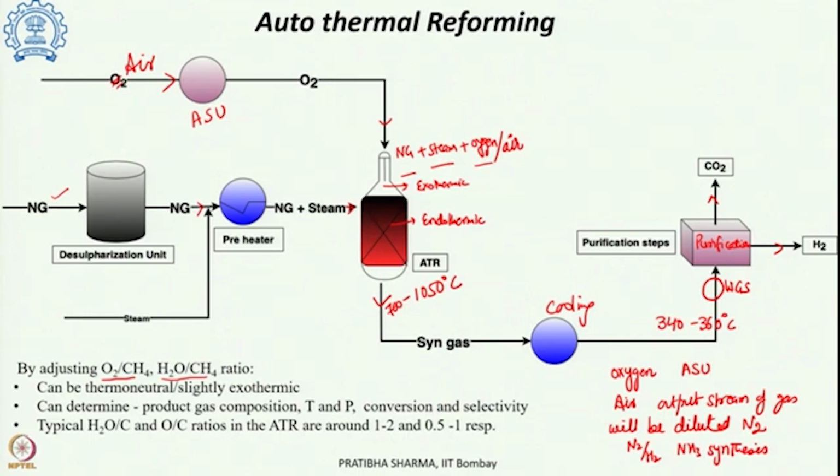The product gas composition, as mentioned, will be dependent on temperature, pressure, and the conversion and selectivity of the process. The typical steam to carbon ratio or oxygen to carbon ratio used in the autothermal reformer are a steam to carbon ratio of 1 to 2 and an oxygen to carbon ratio of 0.5 to 1.